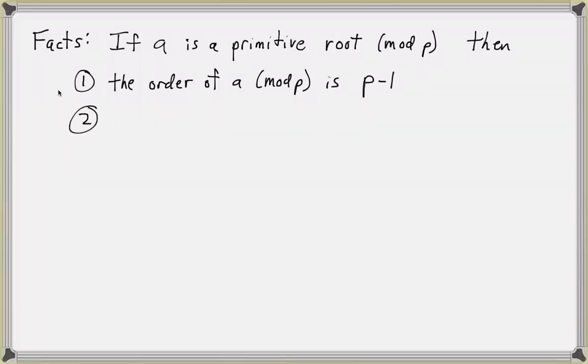Secondly, if I take the powers of a mod p, then I can generate a reduced residue system mod p. So a, a squared, a cubed, up to a to the power p minus 1, this will equal a reduced residue system mod p.